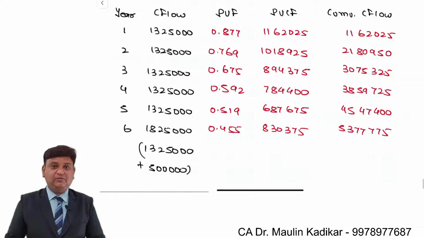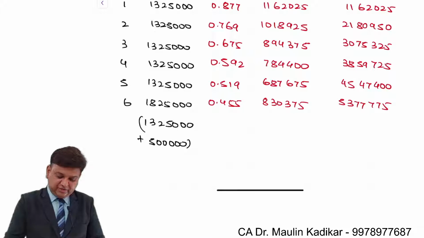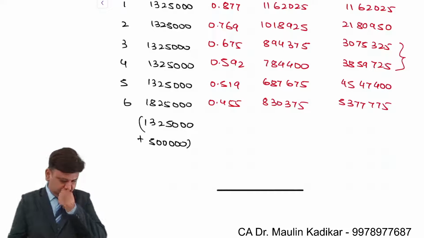That is the way the cumulative cash flow is found. The investment that we have made is 35 lakhs, which is recovered after 3 years and before fourth year end.